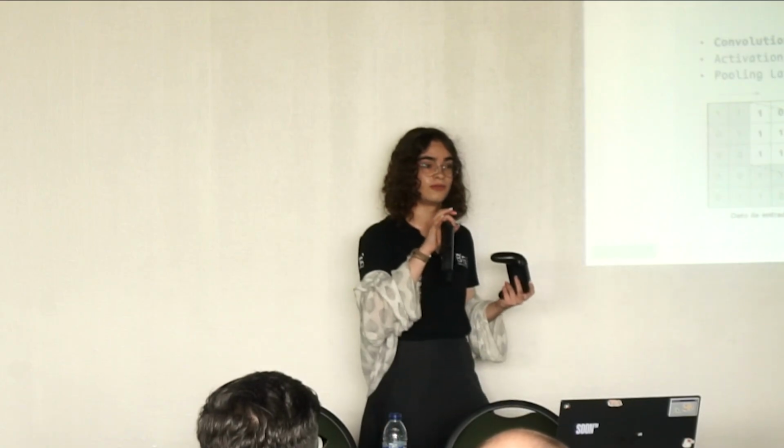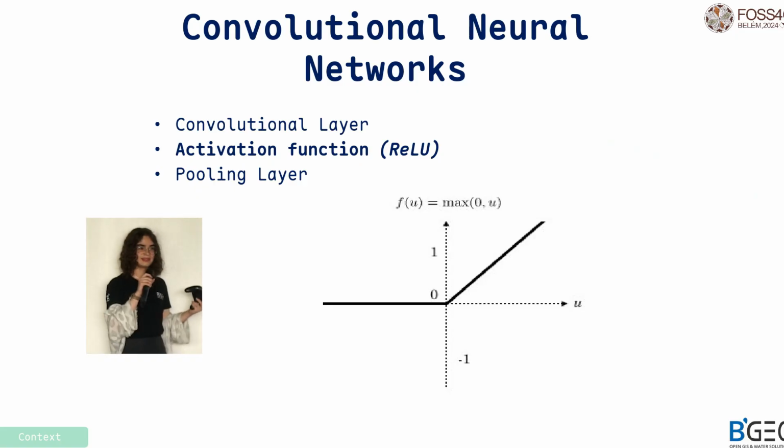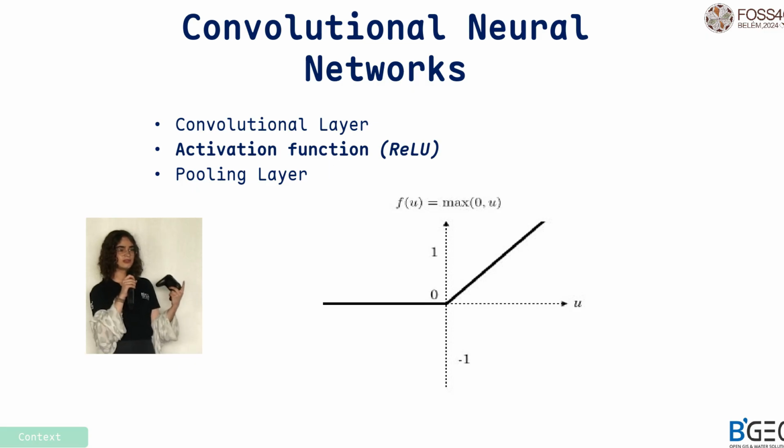The next thing is an activation function. The thing with machine learning, if you know a bit about it, is that it's basically only matrix multiplication. You take the data, matrix multiply it, add some values, and return it. And for those who know a bit of math, you will know that a sequence of matrix multiplications at the end of the day is the same as just having one big matrix multiplication.